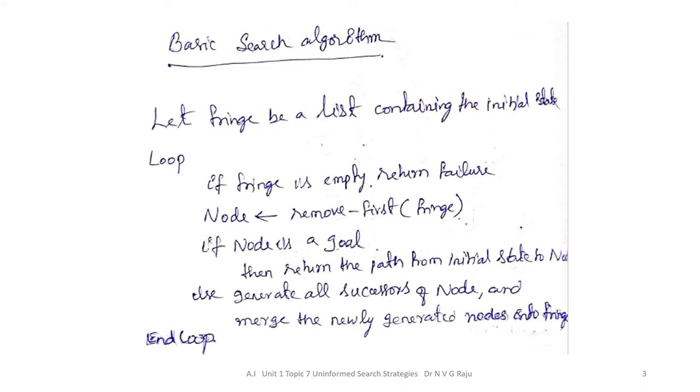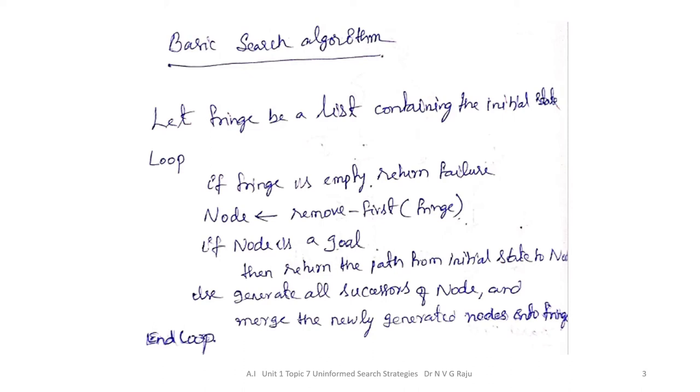In our Romanian example, Arad is not a goal state, so we have generated three successors. They are Sibiu, Timisoara and Zerind. Merge all the newly generated nodes into the fringe. Continue this process until we get the goal state.